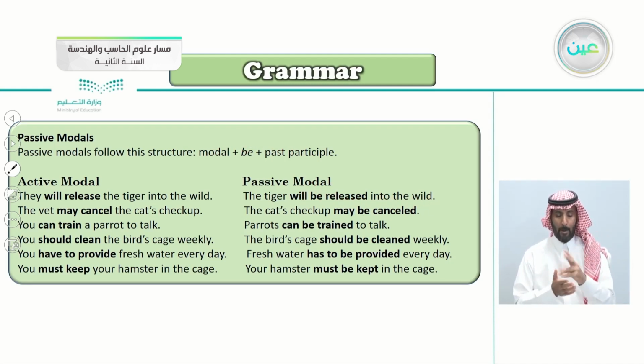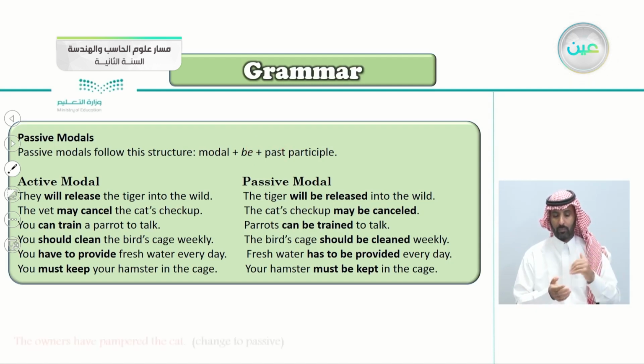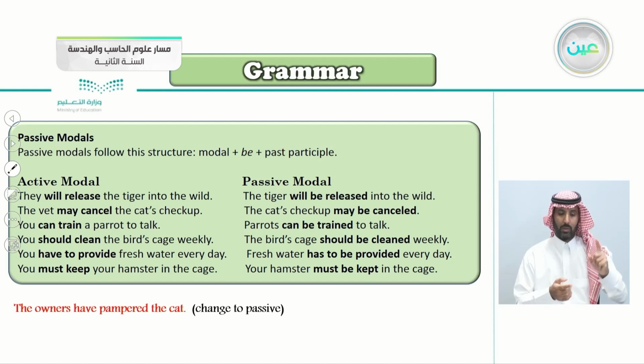Another example, the vet may cancel the cat's checkup. So we say the object, the cat's checkup, may be cancelled. Always follow this structure. May be cancelled. Modal, then be, then the past participle of the verb. So for example, the owners have pampered the cat. How do we change it to the passive?